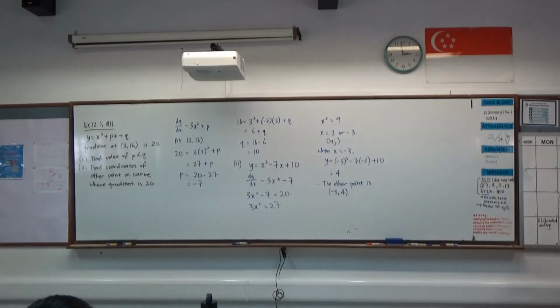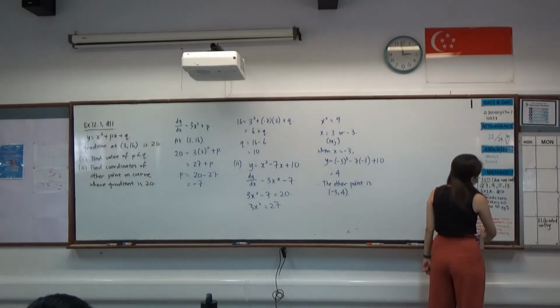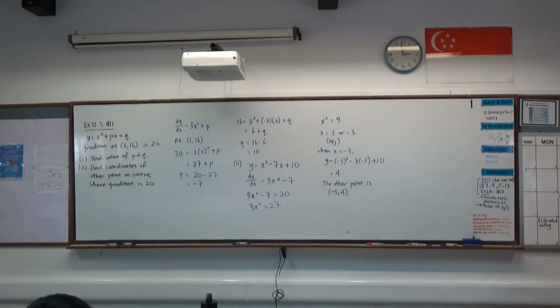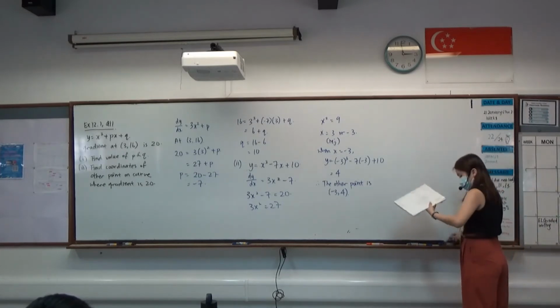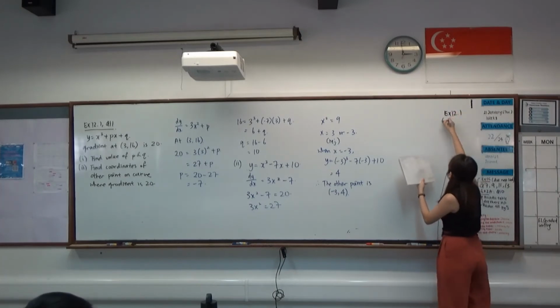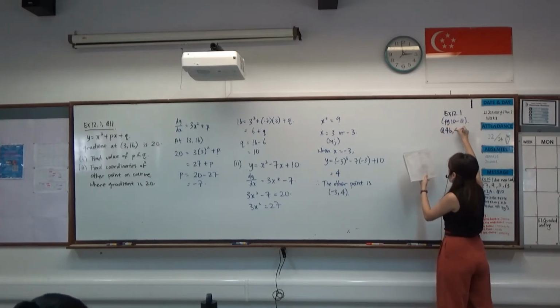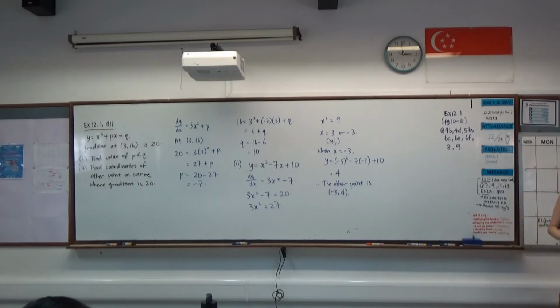Okay, so with that, exercise 12.1 is done. And with finishing that homework, of course. Okay, so exercise 12.1, page 10, 11, question 4E, 4D, 5E, 6E, 6F, 8 and 9.